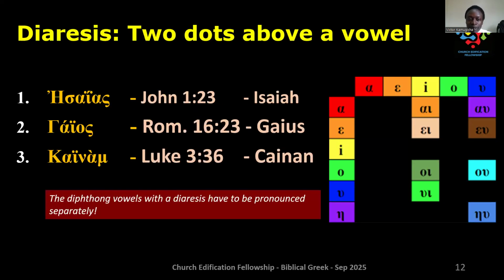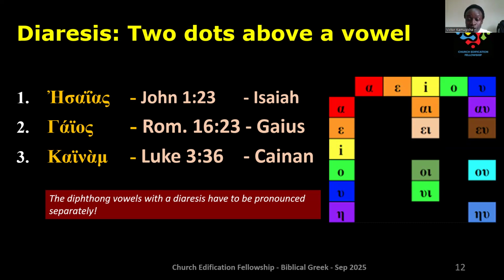Then there's what we call diaeresis. Remember we've said diphthongs must be pronounced as a single letter. But where the diphthong has two dots above it, it means don't pronounce them as a single letter, pronounce each letter independently.